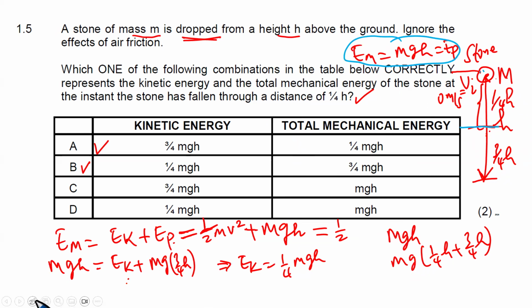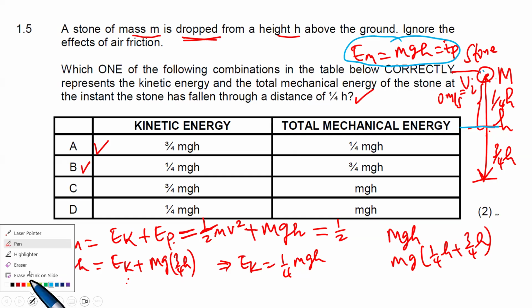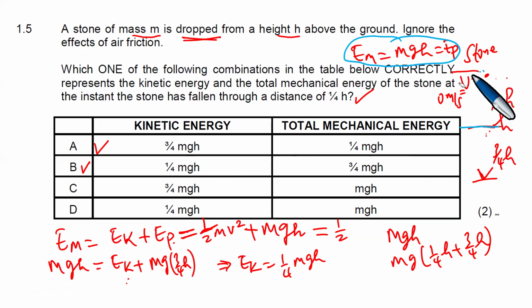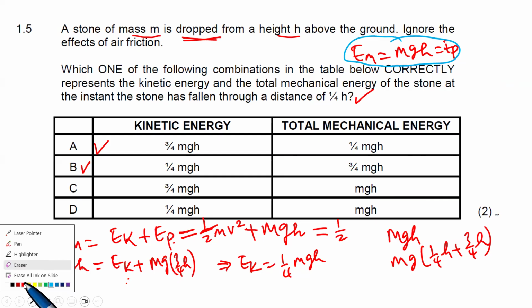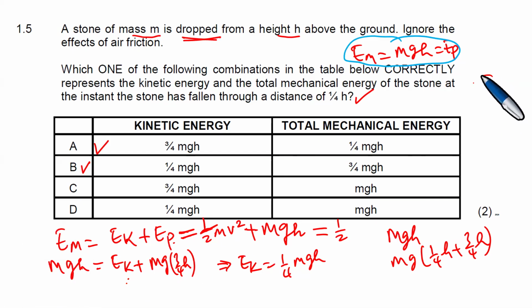Let us draw a clearer diagram. Two things are happening here. The stone is first not moving, and then it is dropped, and because it is dropped, it is allowed to move.